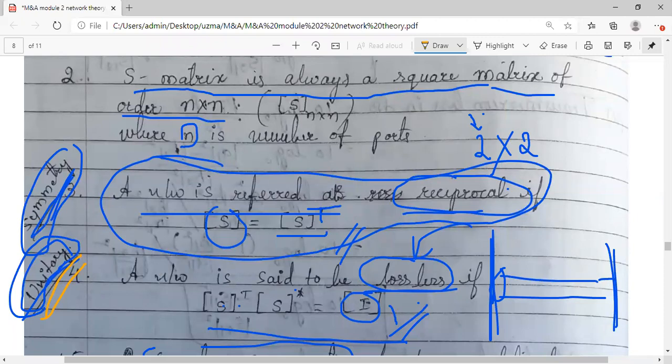So what does the unitary property say? The unitary property is: S into S transpose, the conjugate value if you take, you will get the identity matrix. So this is your assignment.